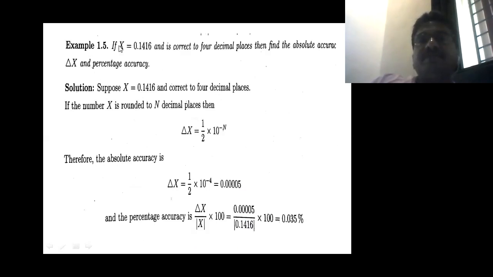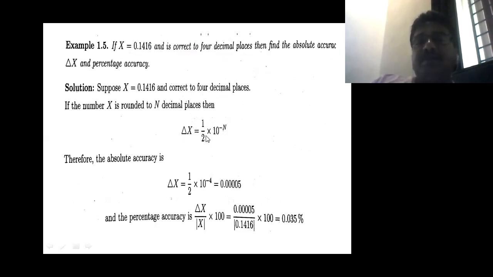Next question: x is equal to 0.1416 and is correct to 4 decimal places. So this is the number given to you, and this number is correct to 4 decimal places. Find absolute accuracy or absolute error delta x and percentage accuracy or percentage error. So x is this, and this number is rounded to 4 decimal places, and therefore the absolute accuracy or upper limit of absolute error is delta x equal to 1/2 10 raised to minus n.